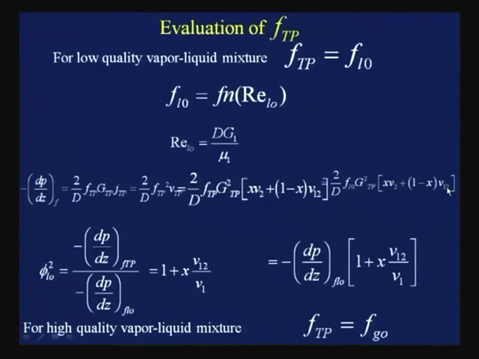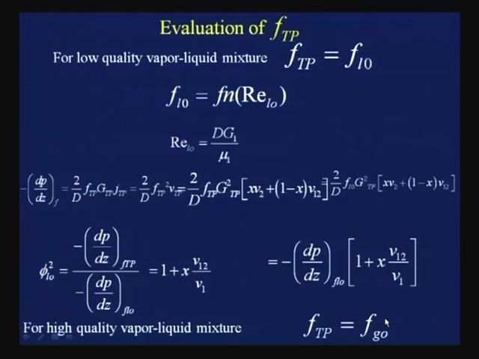Now, this is one particular thing that we can do. If we have a very high quality vapor liquid mixture, for that situation we can write FTP equal to F gas only. Agreed? So, high quality and low quality can be two circumstances. For most cases, it is neither a very high quality mixture nor a very low quality mixture; both of them can be in comparable amounts.